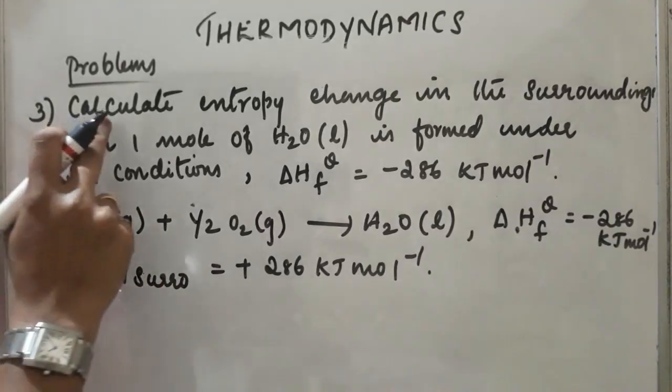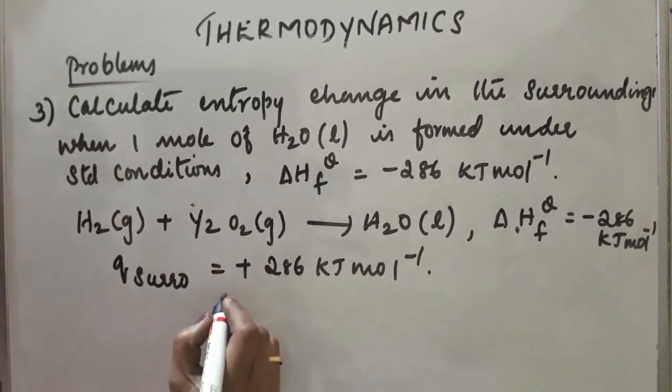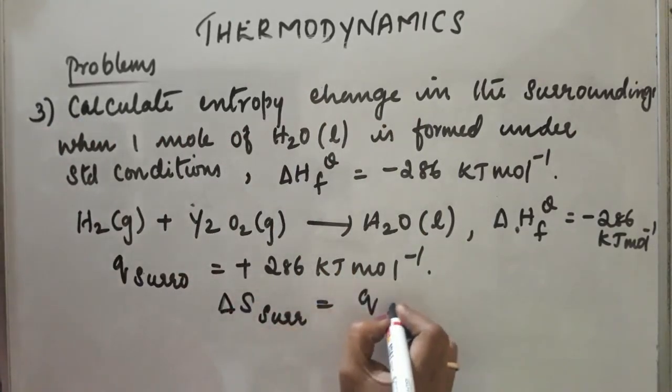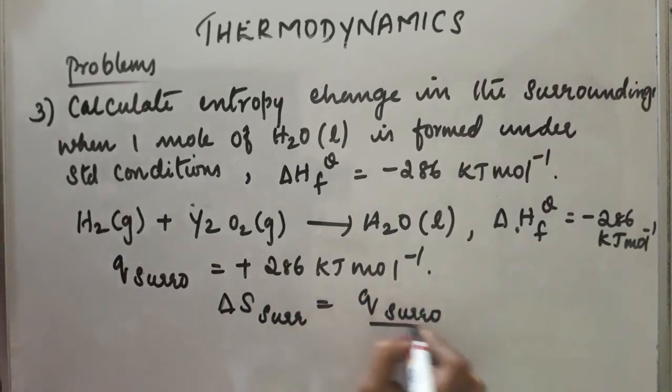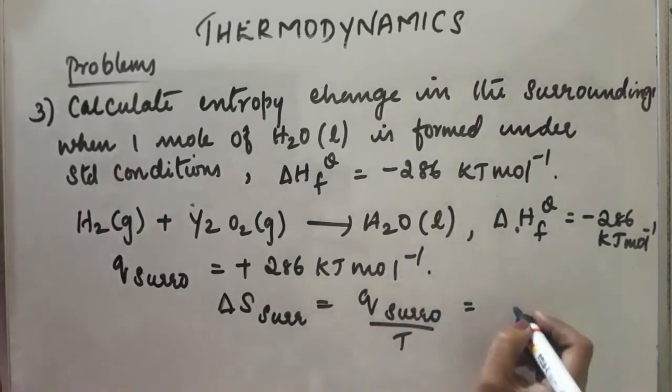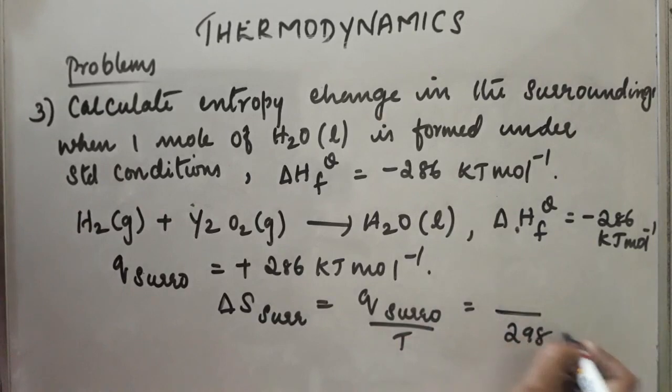So what do we have to find? Calculate entropy change in the surroundings. So delta S of surroundings we have to find, which will be equal to Q surroundings by temperature. The temperature for standard enthalpy of formation of water is 298 Kelvin, a constant value.